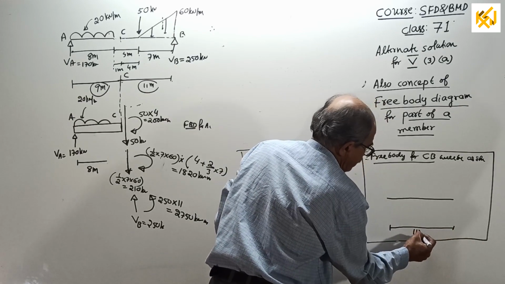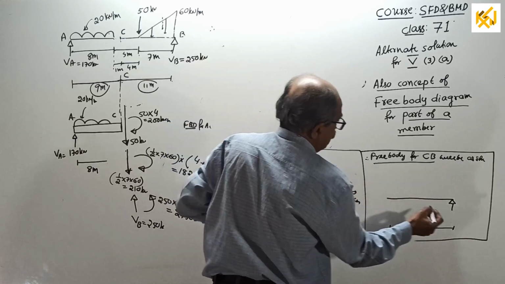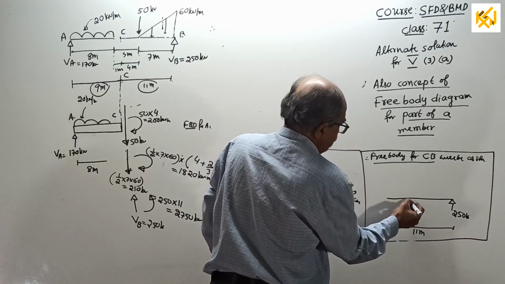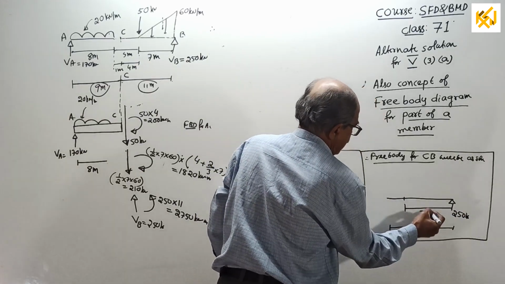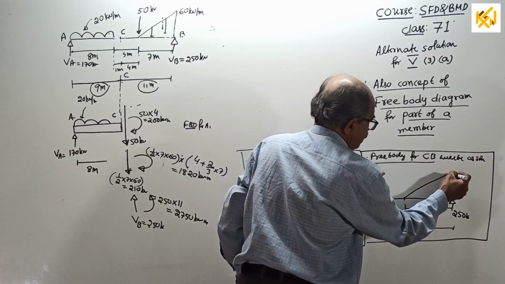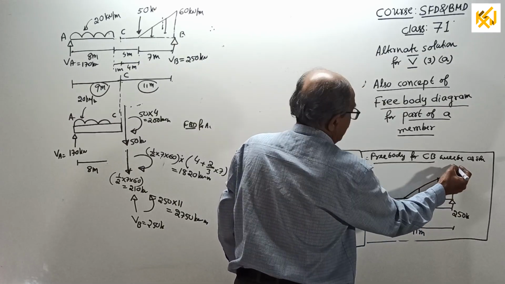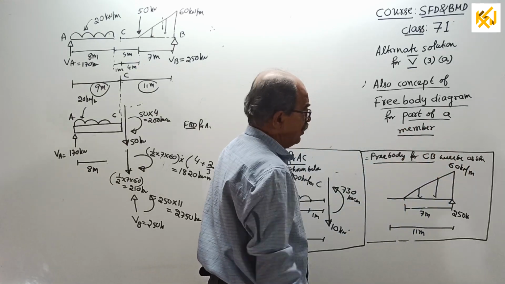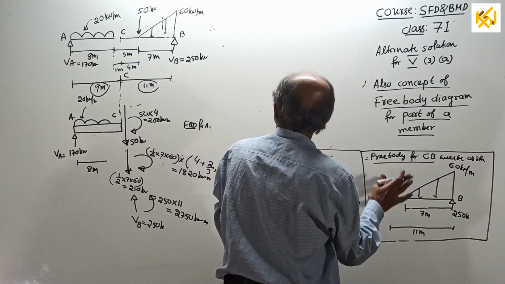There is an upward force here of 250 kN, and up to 7 meter there is a uniformly varying load of this type. Anyway, later if I get the time, I will explain this free body thoroughly. This is the point B, this is the point C, and that's all.